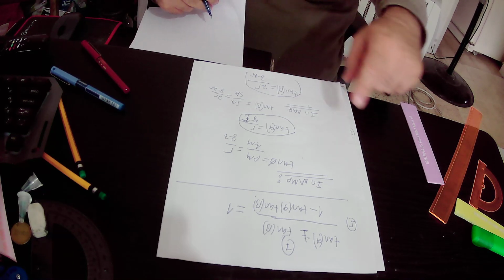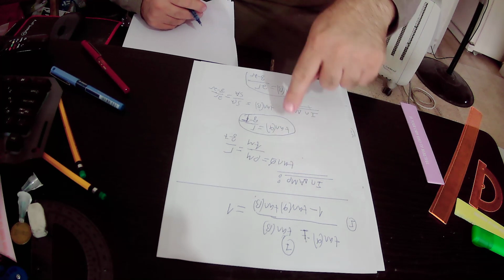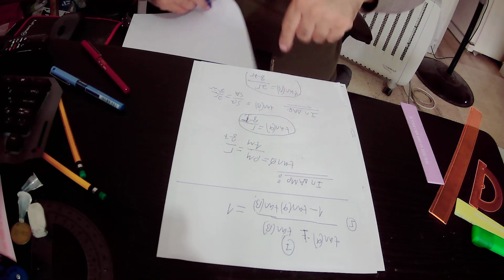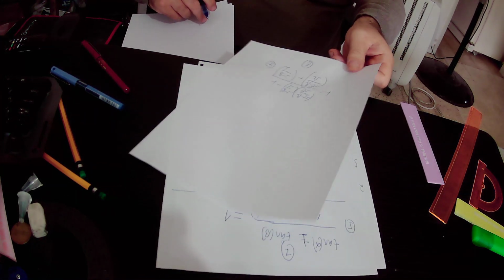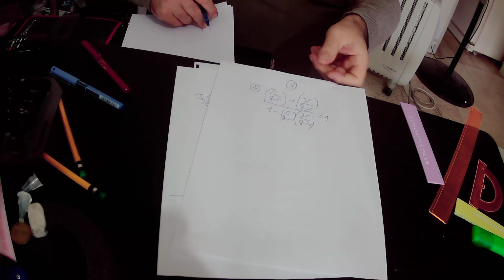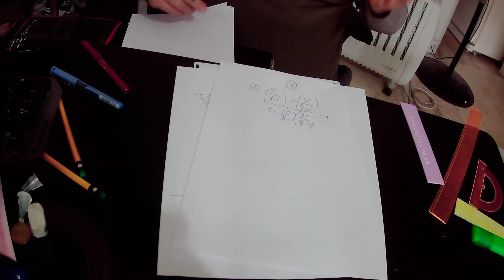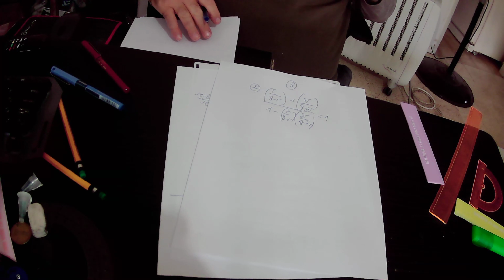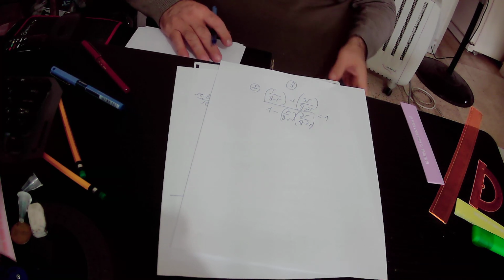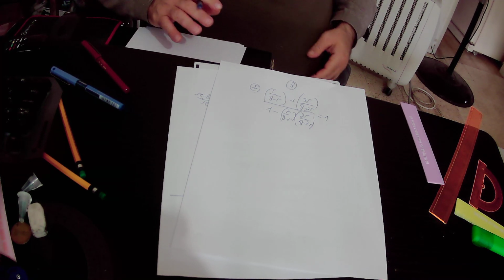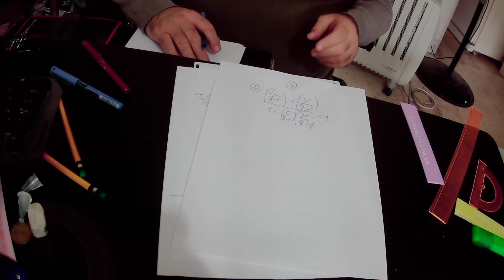So we actually substituted tangent alpha and tangent beta by their values that we found here, and we got this equation number 1. We have here one equation with only one variable that is very simple to solve.